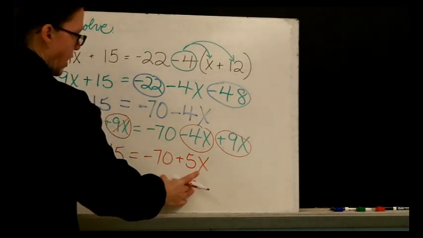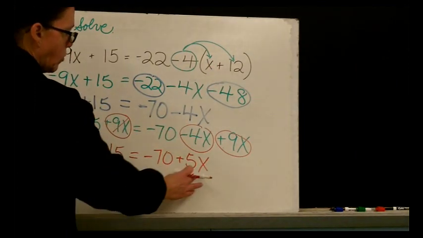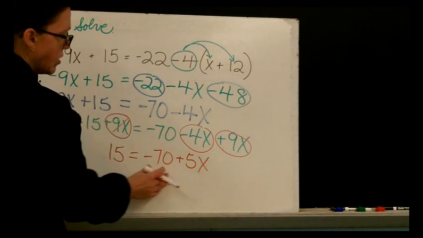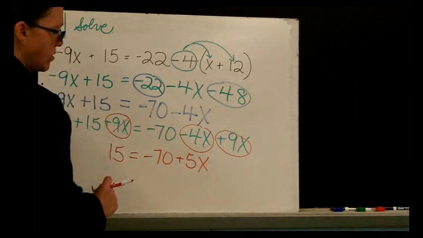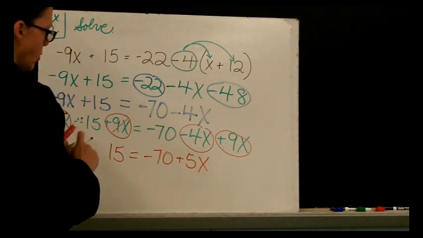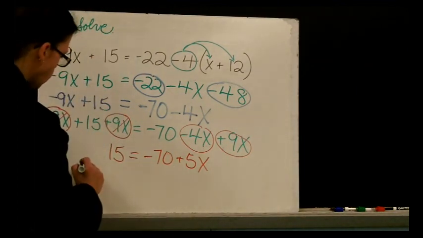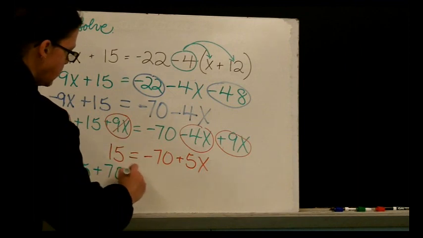What we're left with now, we boiled this down to a two-step equation where we have the x. X isn't alone yet. Why? Because it has a negative 70 with it, and it's being multiplied by a positive 5. So we're going to get rid of that negative 70 first by putting a positive 70 on both sides.